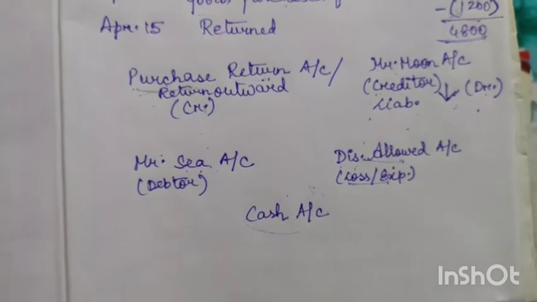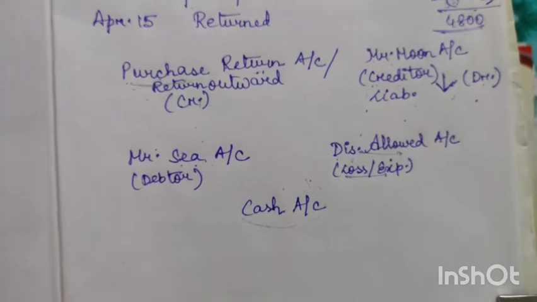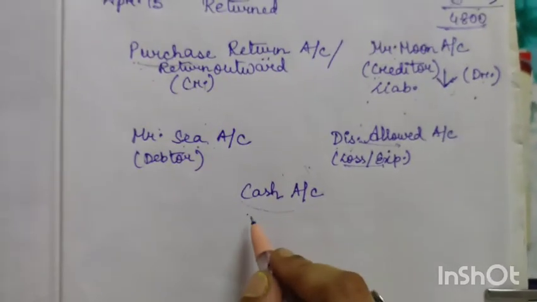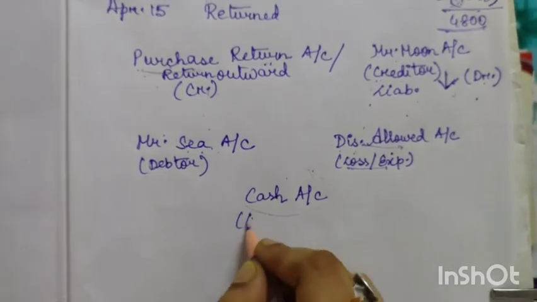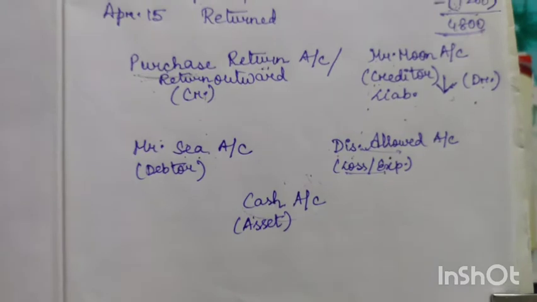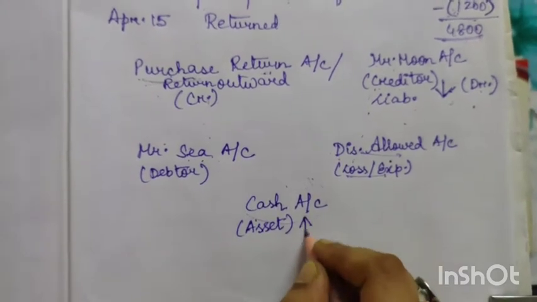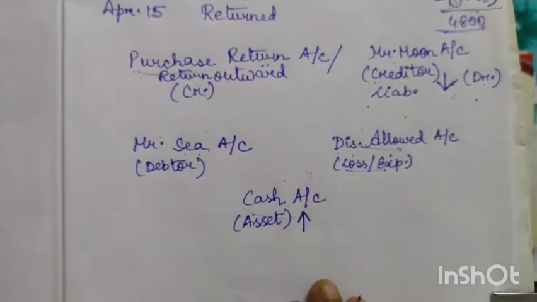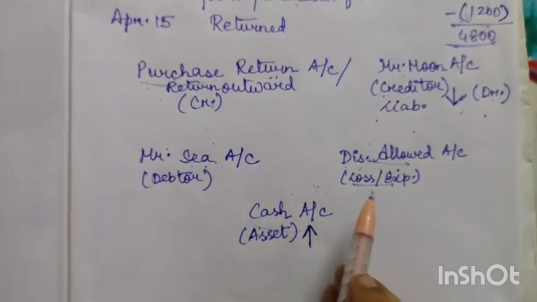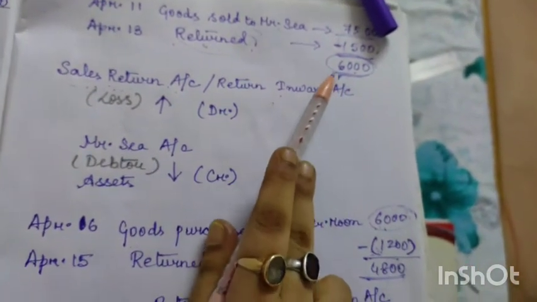Now which account to be credited and which account to be debited, just come to the logic. If we are paying him cash, sorry, if we are receiving cash from him, as we all know cash is an asset. Okay, if we receive the cash, then obviously our cash balance will increase. Am I right? Our cash balance will increase, and we are supposed to receive from him 6,000, right?